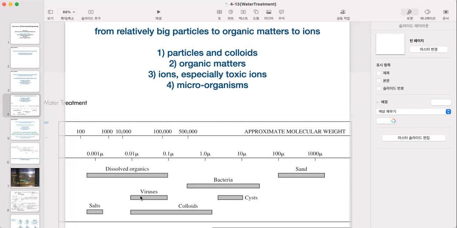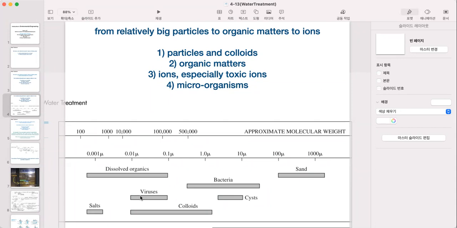Okay. So how do you actually remove this if we want to? It's very difficult, I mentioned already. But this organic matter is not toxic at all. Okay, we will get to that organic matter a little bit later. And then ions.